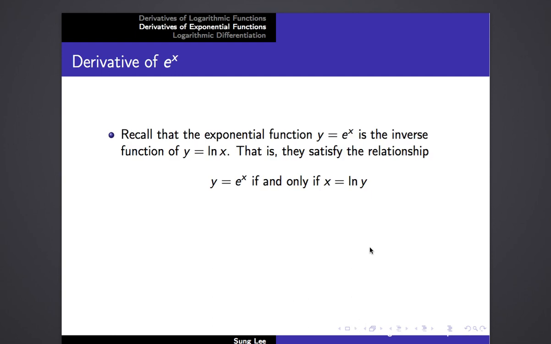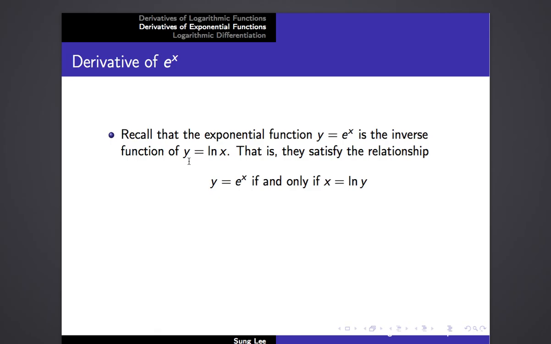Okay, now we are moving to derivatives of exponential functions. First we need to recall that the exponential function y equals e to the x is the inverse function of y equals ln x. There are two ways you can do this.